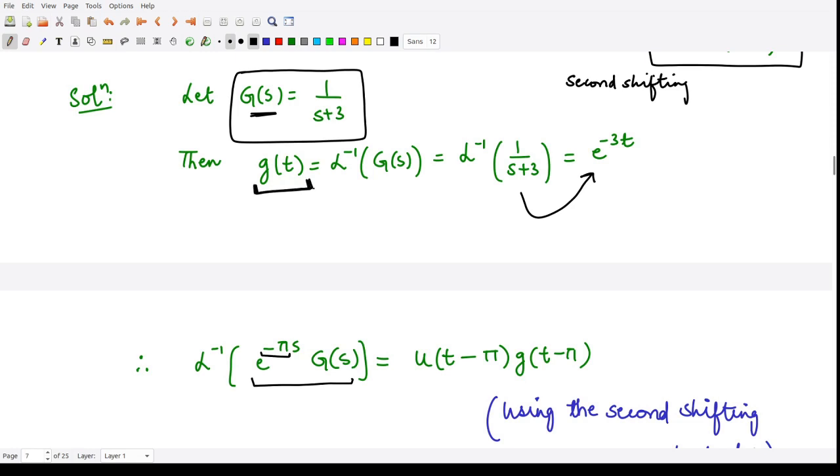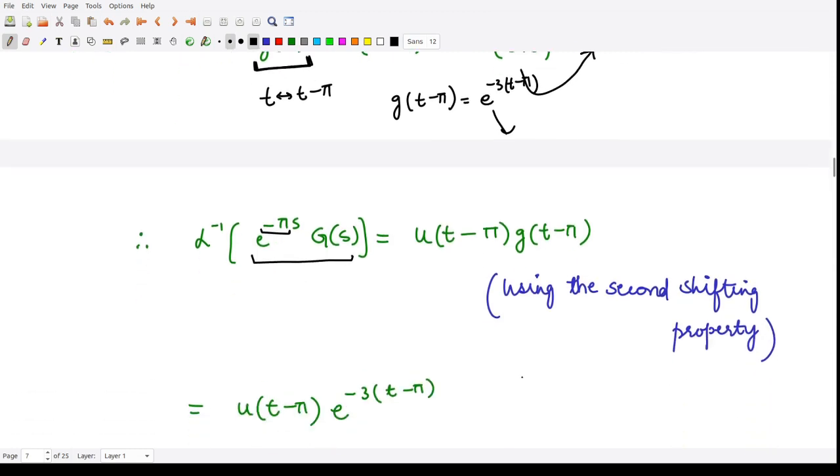Our function g of t was equal to e to the power minus 3t. So here you have to replace t with t minus pi. That means your function g of t minus pi becomes e to the power minus 3 times t minus pi. So we substitute that value here. So this is the final answer.